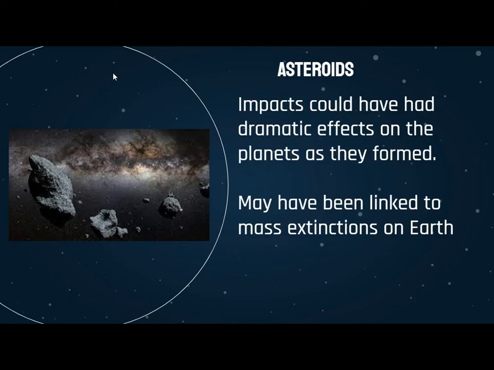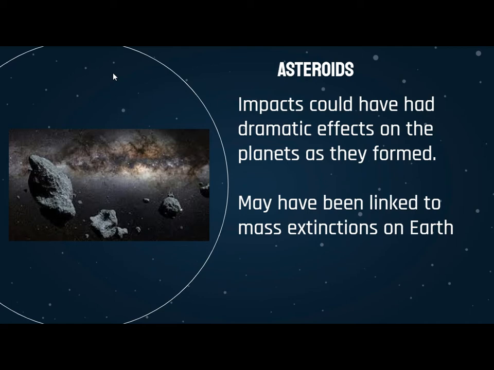Asteroid impacts are what we think may have had lots of effects on lots of the planets, even Earth. They may have been linked to some of the mass extinctions on Earth. Some people believe, and scientists think it could have happened, that massive asteroid hits are what caused the dinosaurs' extinction.